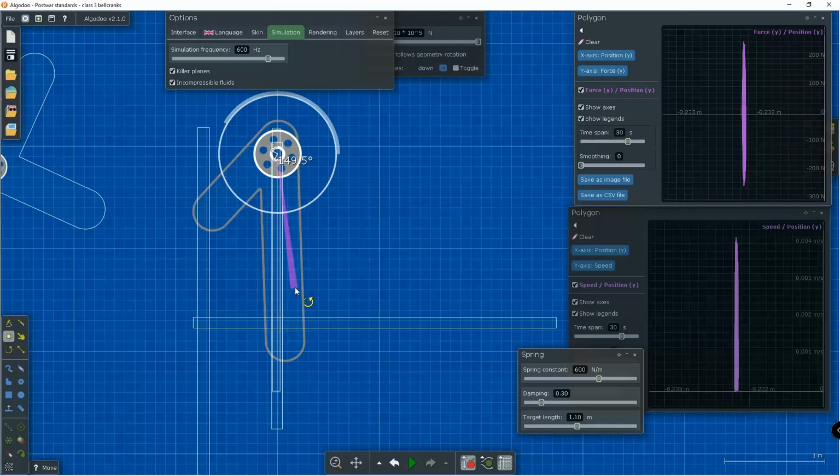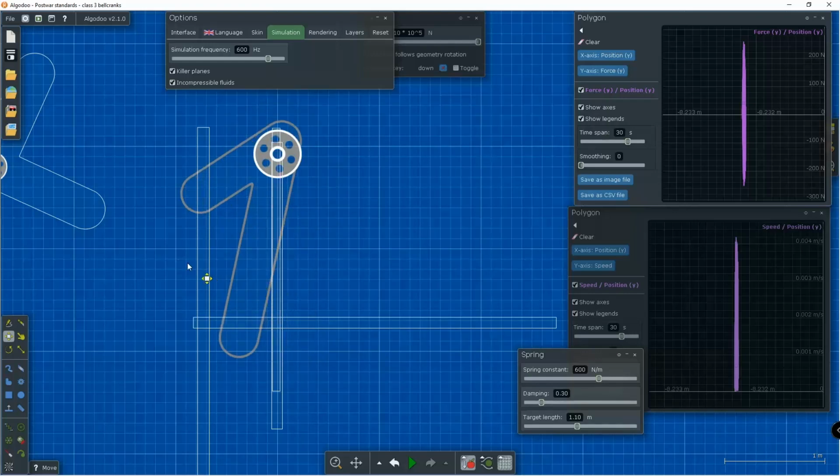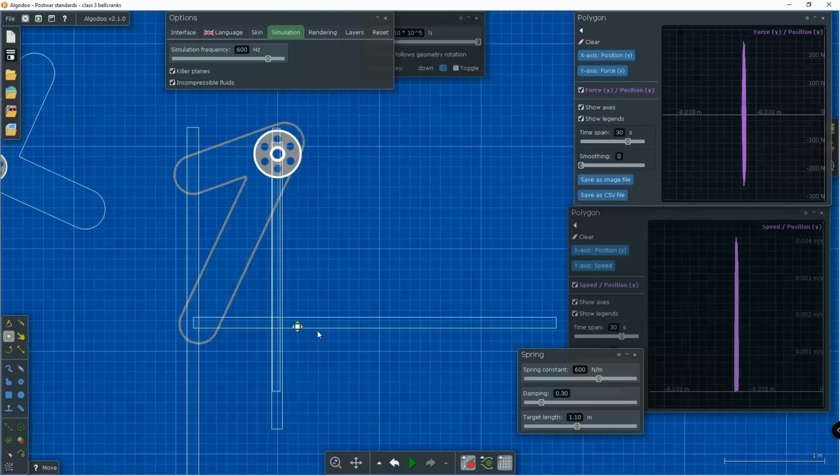So between class 1, class 1.5, class 2 now, and then eventually over here it will be class 2.5, and then class 3.